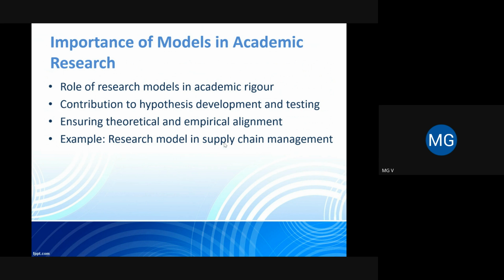So the example is in supply chain management, a research model can explore the impact of AI-driven logistics on operational efficiency, with AI adoption as the independent variable and efficiency as the dependent variable, moderated by firm size. So such structured approaches ensure valid research outcomes. Is this clear? Yes, ma'am.